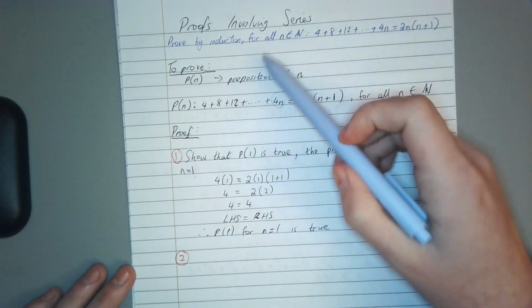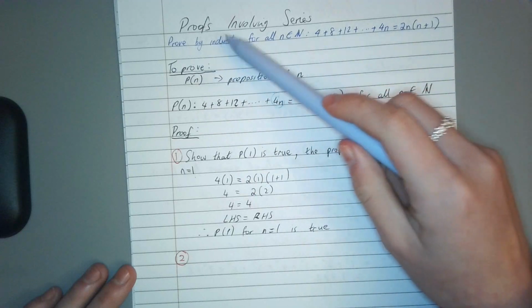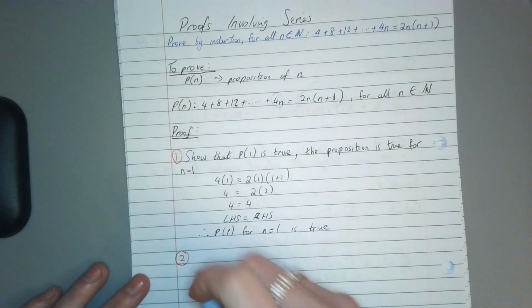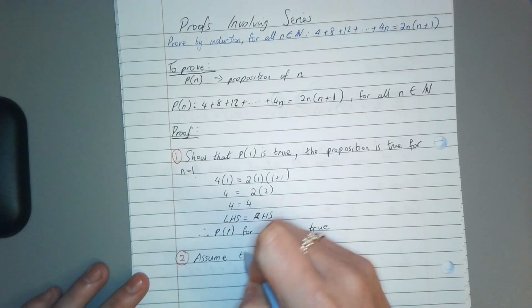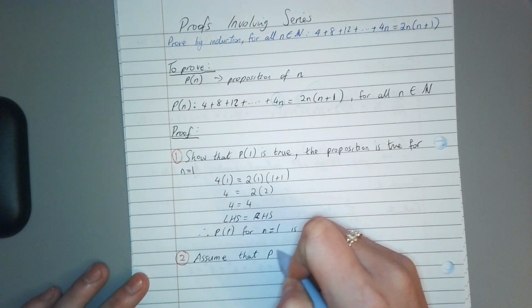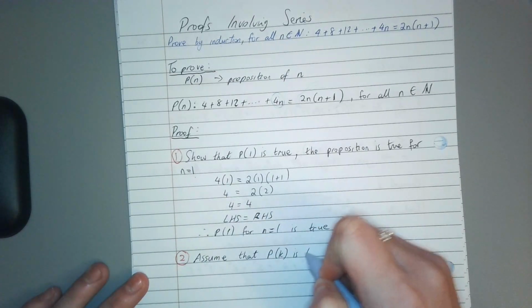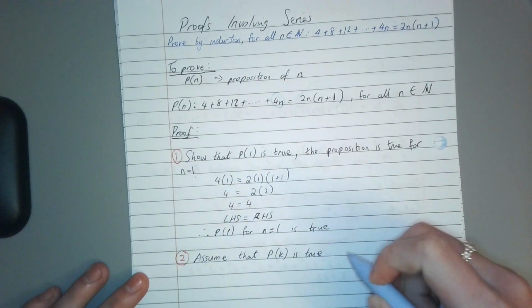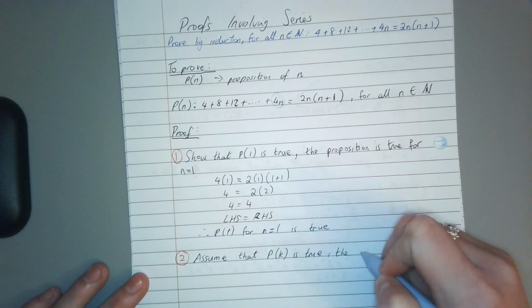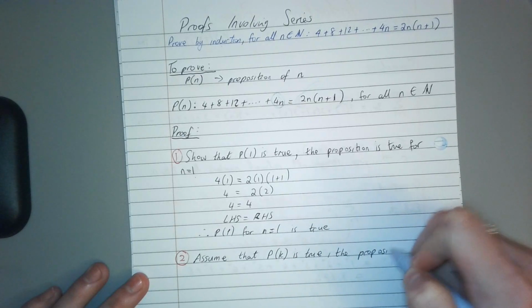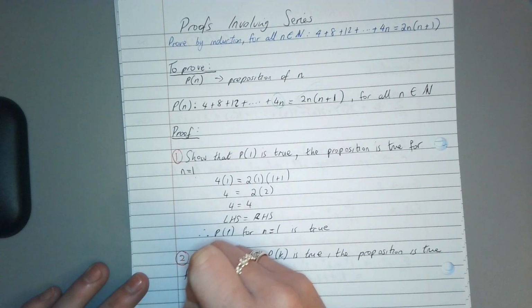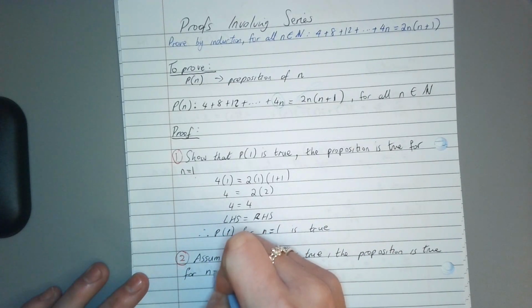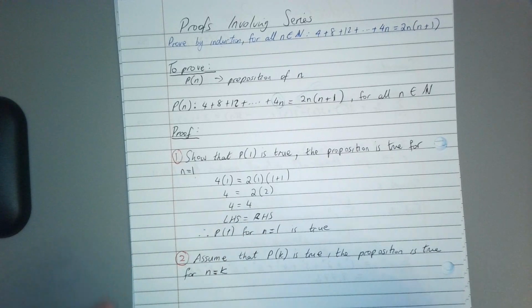Okay, so you won't ever be using contradiction for this. We'll only be using our assumptions. So we want to assume that the proposition is true for n is equal to k, k being any number in the natural numbers.